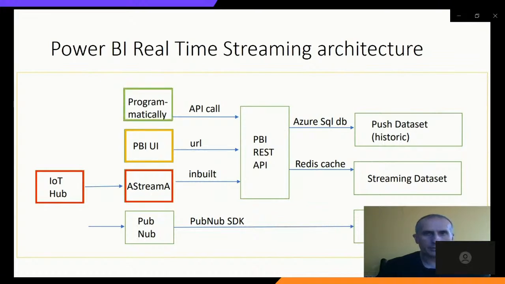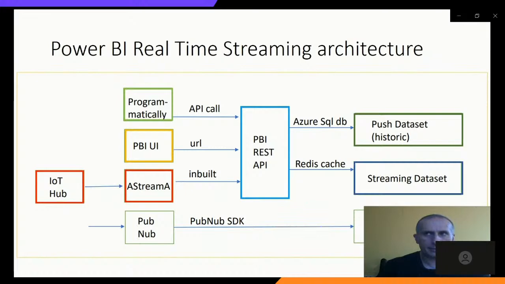It is possible to be collected also programmatically using API calls. And we can collect everything via the Power BI REST API and collect it in different types of datasets, as I already explained. Push dataset, which allows also historical data, streaming dataset, and PubNub dataset, which actually is very similar to streaming dataset, but we do not have control on specific options in this case.